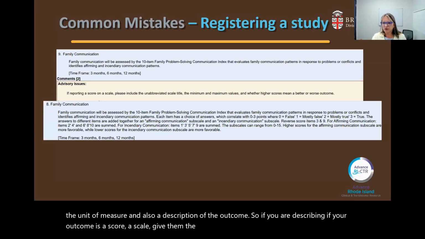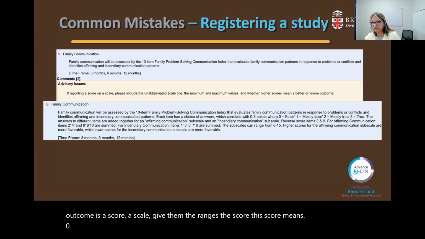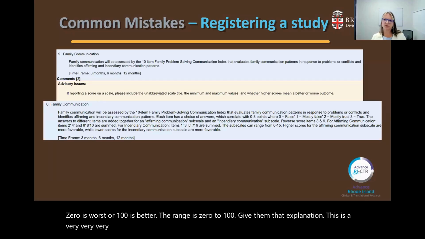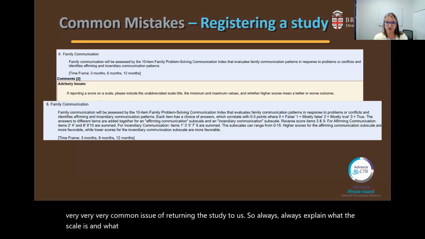This score means 0 is worst or 100 is better. The range is 0 to 100. Give them that explanation. This is a very, very, very common issue for returning the study to us. So always explain what the scale is and what the range of the scale is.